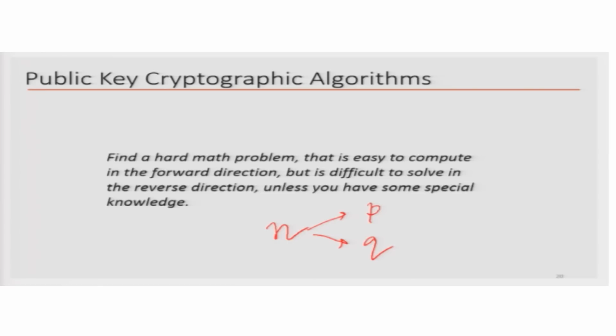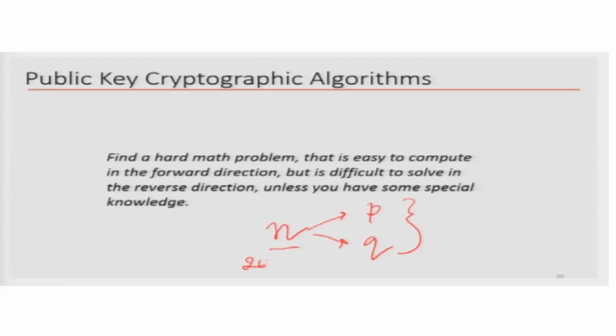It is called the integer factorization problem. If n is a very large number, like 2048 bits, you have to know which two prime numbers produced this number by being multiplied. It is a hard problem, and this kind of hard problem is used for public key cryptography.